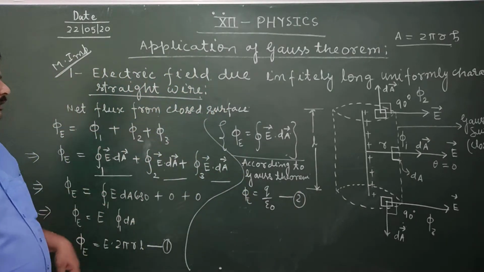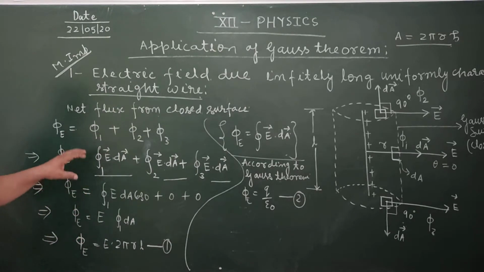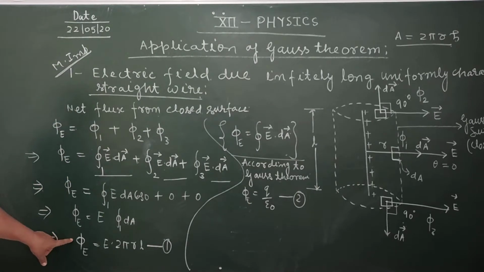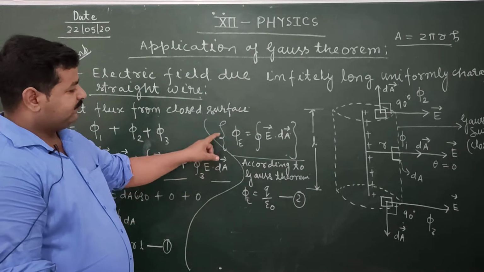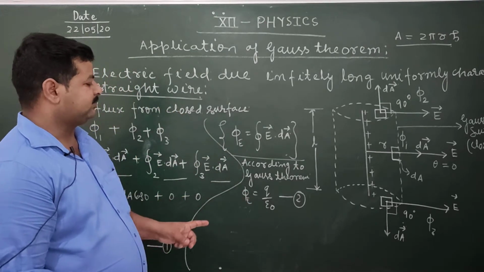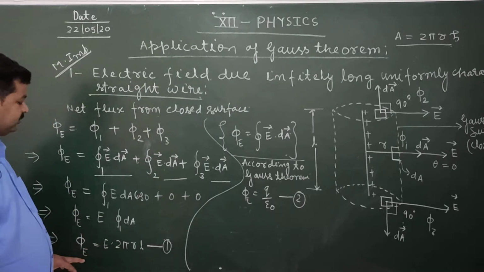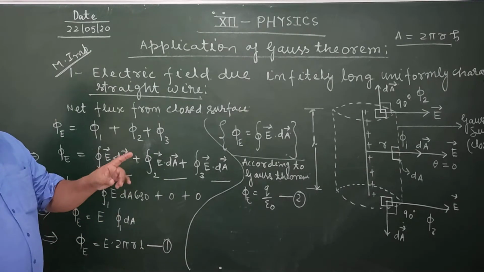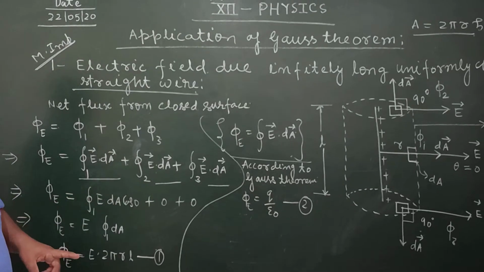So here there are two steps. One is the step from which we calculate the net flux from the closed surface, and the second is the electric flux from the closed surface given by Gauss. So compare these two equations, and we get the electric field due to a straight wire that is uniformly charged.